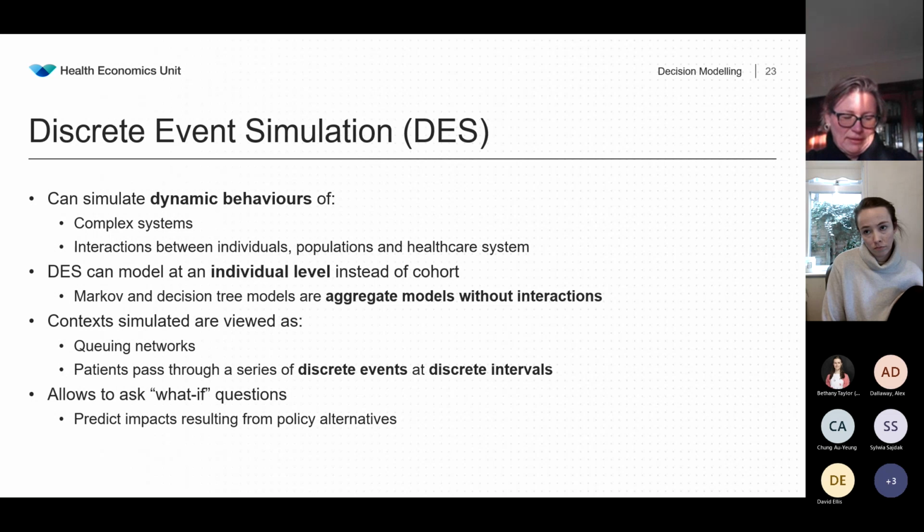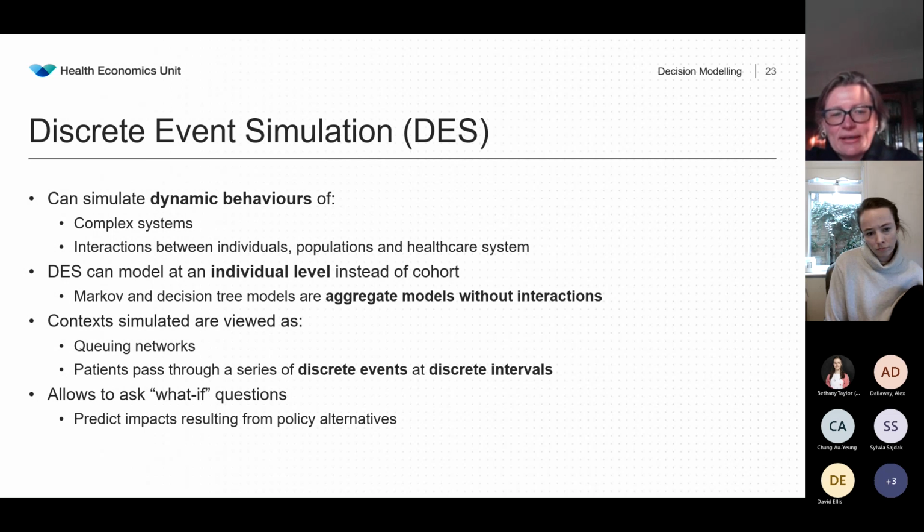The one that I'd like to spend a couple more minutes on is discrete event simulation. These have become quite, well, I wouldn't say popular, but they have been used a lot more in the last decade. This approach can simulate dynamic behaviors of complex systems.